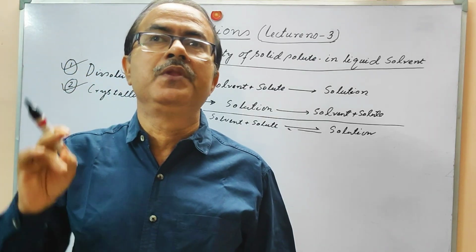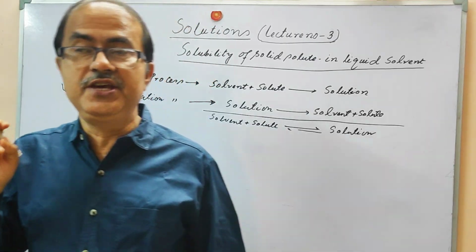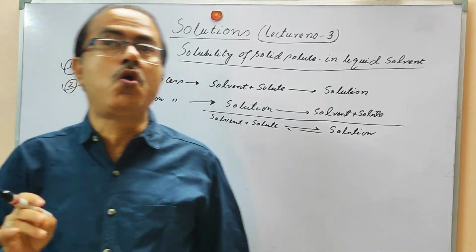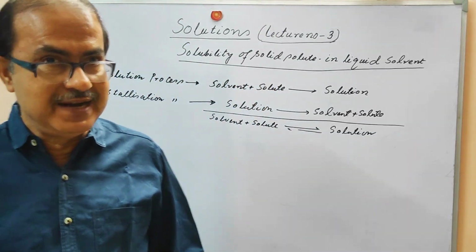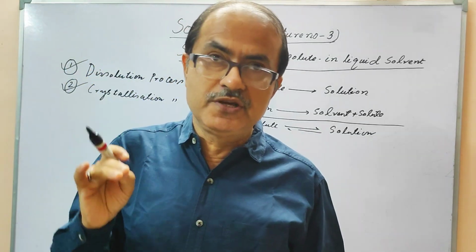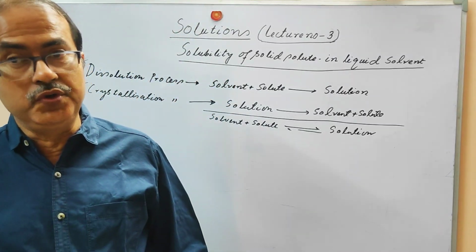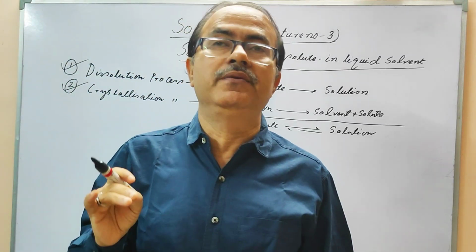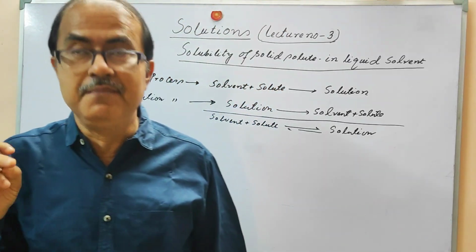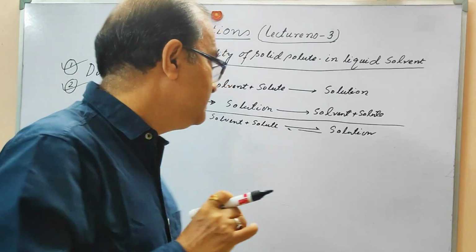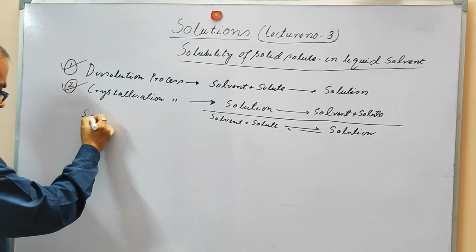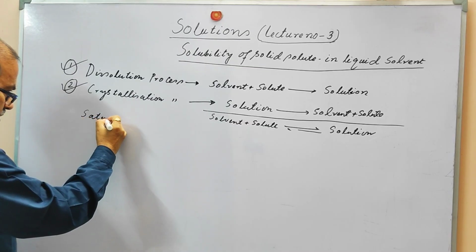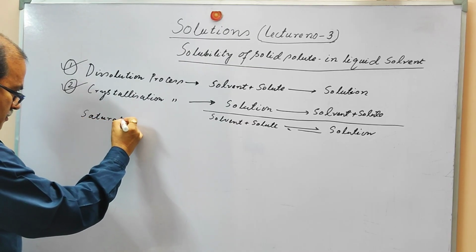When this stage has arrived, we call this the saturation point of that solution, and at a particular temperature we call it the saturated temperature. So the next thing that we need to understand is the saturation point.